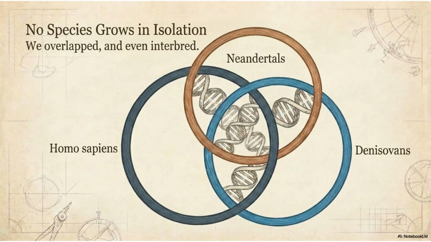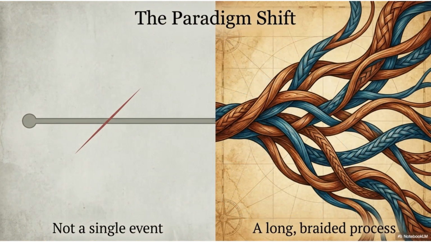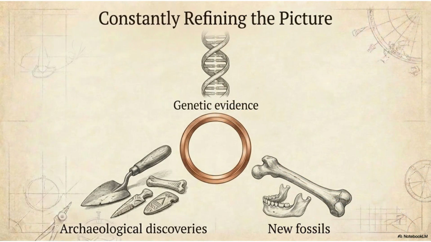It also shows that our species didn't grow in isolation. We overlapped and even interbred with Neanderthals and Denisovans. Modern human origins weren't a single event, but a long, braided process. Genetic evidence, new fossils, and archaeological discoveries constantly refine the picture.